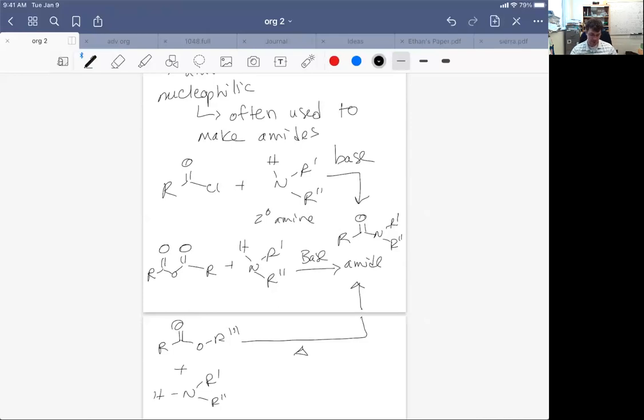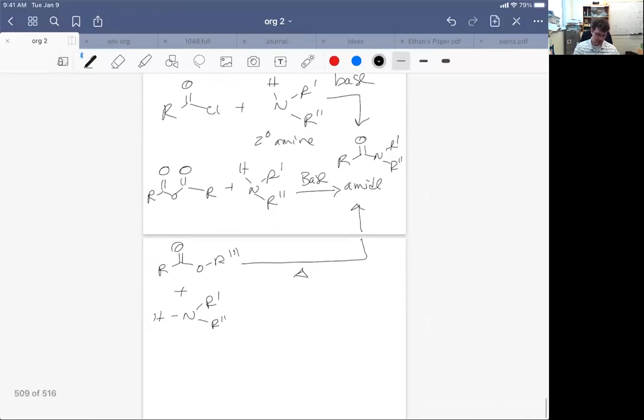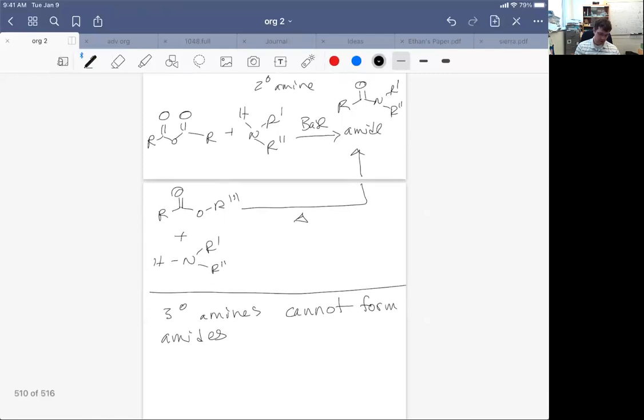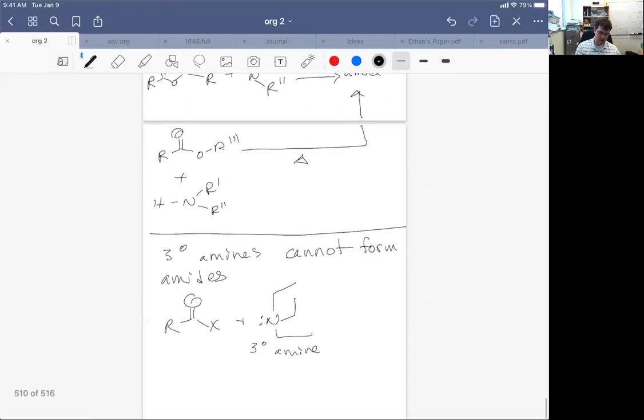And so it's important to note, and this should not be a huge surprise given what we've talked about in the acid chloride lectures, that tertiary amines cannot form amides. And we've looked at that before. If you have some sort of leaving group attached to your carboxyl group, you could then react that with the tertiary amine. And this particular tertiary amine is triethylamine.